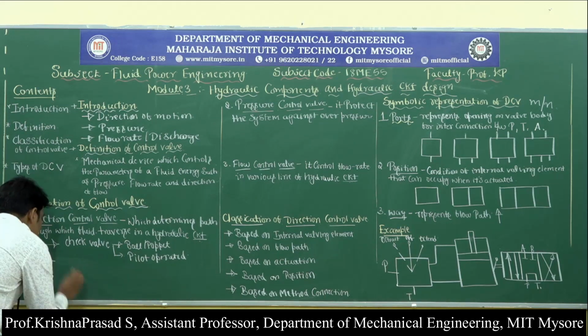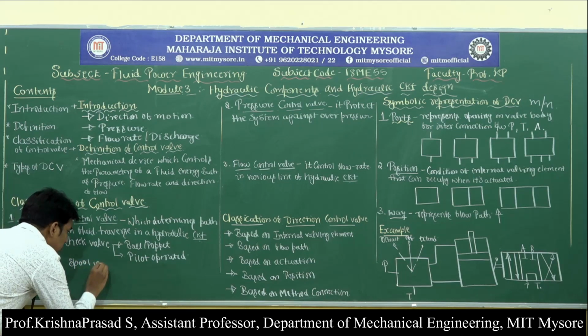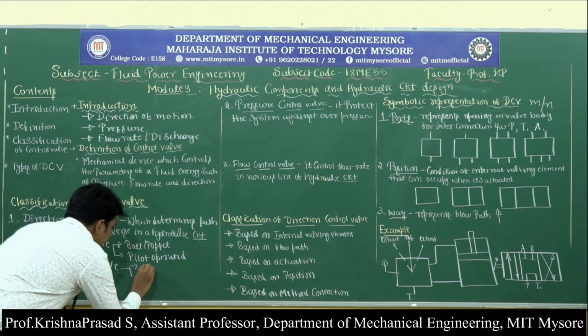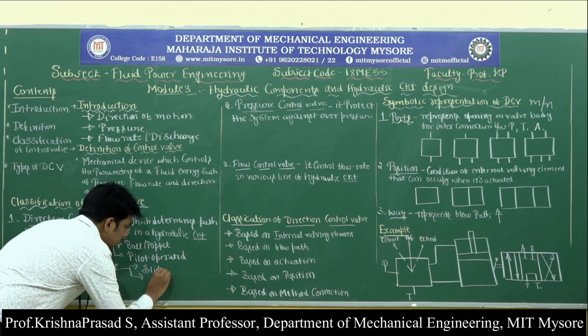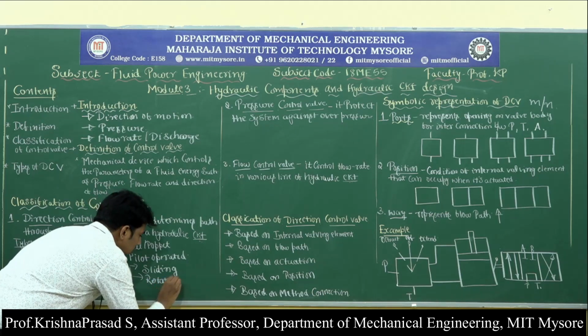Second one is called spool valve. Spool valve again has two types. The one is called sliding type, another one is called rotary type.